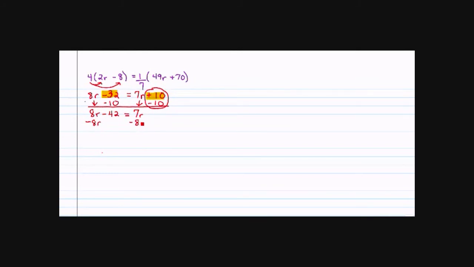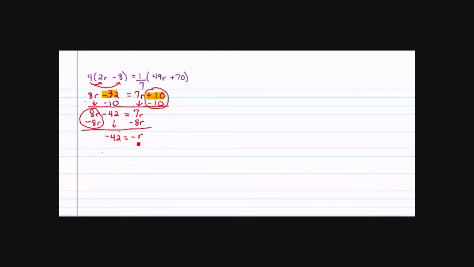I'm not separating them. I will in a second. That equals 0, so I put a big fat 0. I bring down my negative 42. And negative 8 and positive 7 will give me a negative r, or negative 1r. A lot of times you don't have to write the 1 in front of the variable.